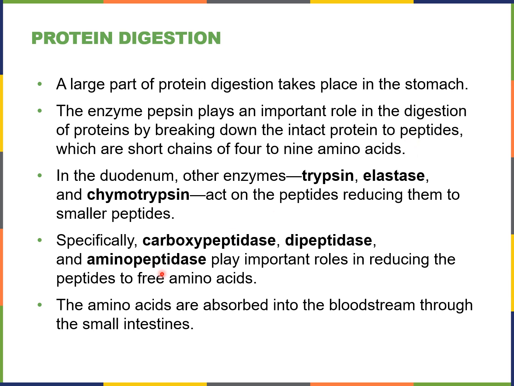Specifically, carboxypeptidase, dipeptidase, and aminopeptidase are all playing important roles in reducing peptides into what are known as free amino acids. So again, going from a polymer up here into a monomer down here where we just have free amino acids. I think of just singular amino acids floating around. And then those are getting absorbed into the bloodstream through the small intestine.